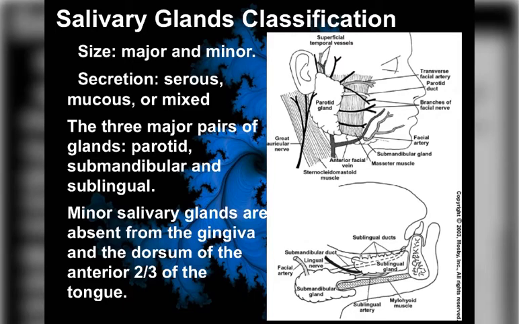We mentioned that before. Minor salivary glands are absent from the gingiva and the dorsum of the anterior two-thirds of the tongue. In the gingiva and the anterior two-thirds of tongue dorsum, we do not have submucosa, so we do not expect to have salivary glands.